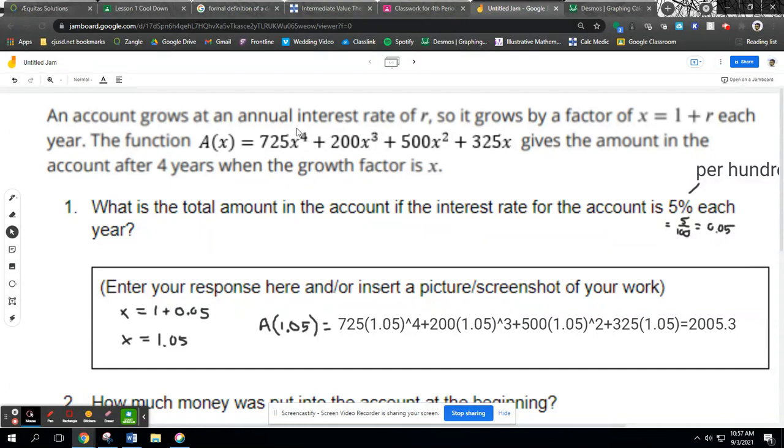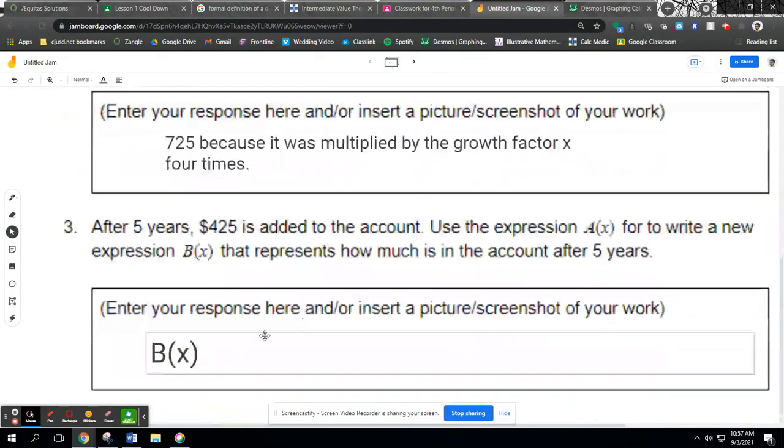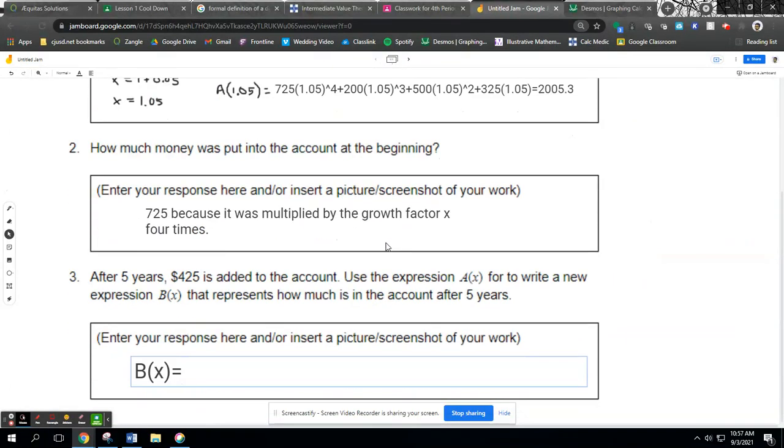So this won't be x to the 4th anymore, that's going to be x to the 5th. This will be x to the 4th, x to the 3rd, x to the 2nd. So we'll have 725x to the 5th plus 200x to the 4th plus 500x to the 3rd plus 325x squared.